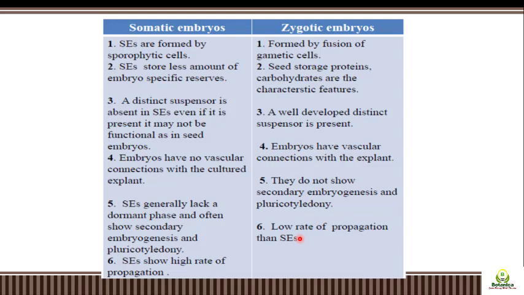That is the rate of propagation. The low number of plantlets is because of the low level of nutrients, the low level of food available to those seeds. But here there is no such issue of food and growth regulators, so that's why there is a high rate of propagation.